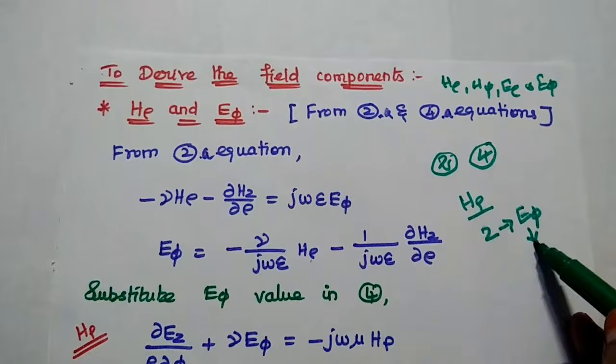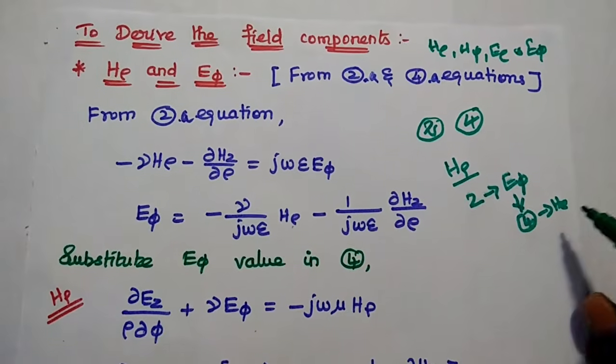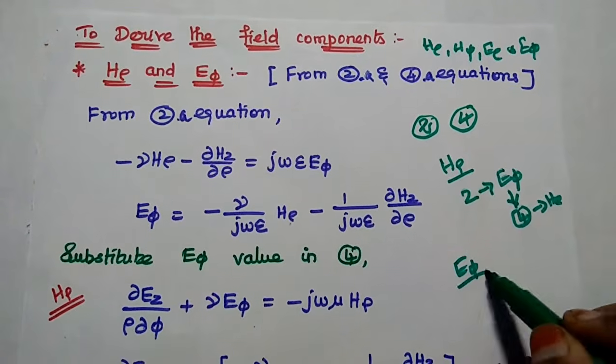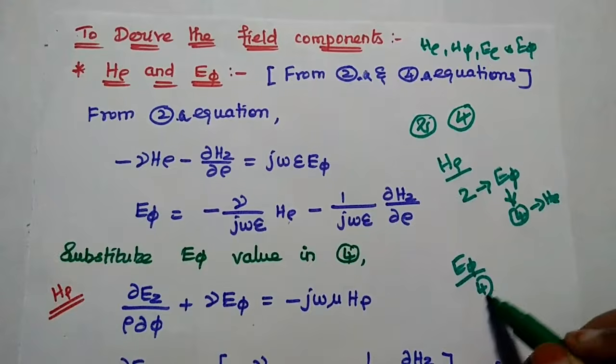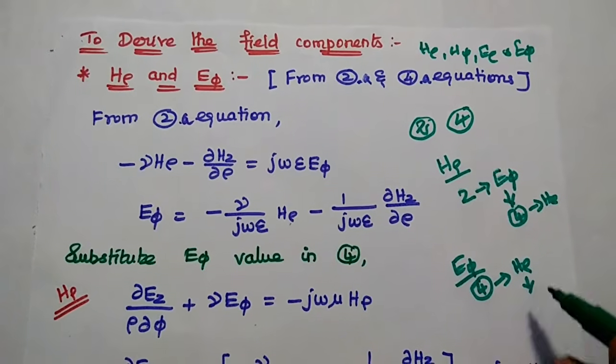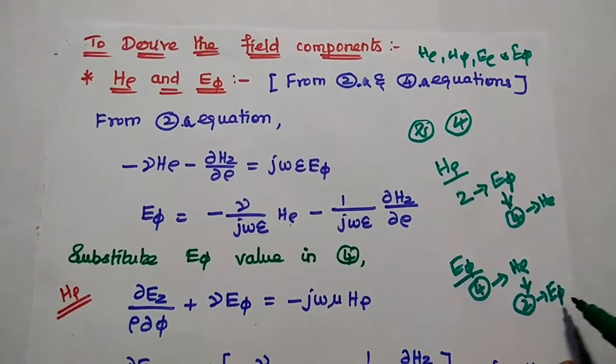We substitute this Eφ value in the fourth equation to get the Hρ value. That is the procedure. To find Eφ, the same way we take the fourth equation, find the Hρ value, and substitute it in the second equation to get the Eφ value.